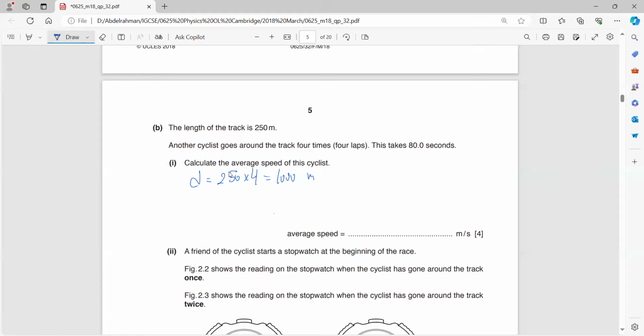Speed equals distance over time, which is 1,000 over 80, 12.5 meters per second.